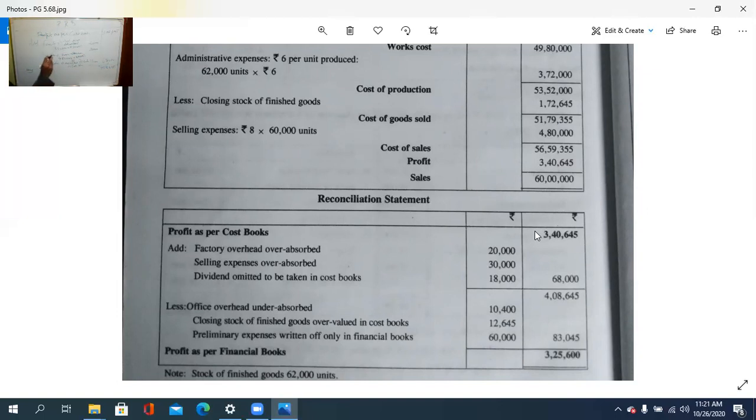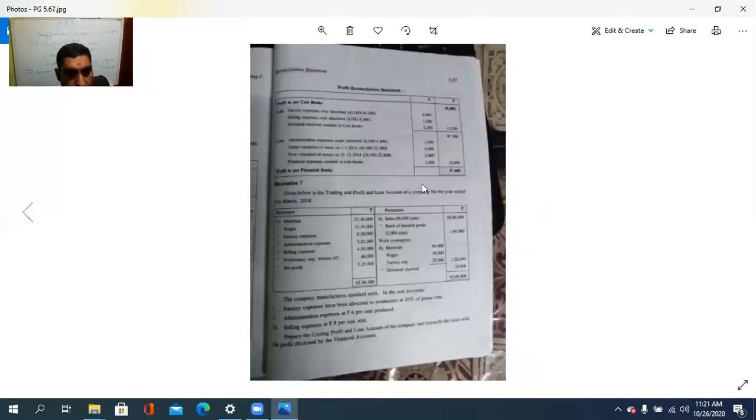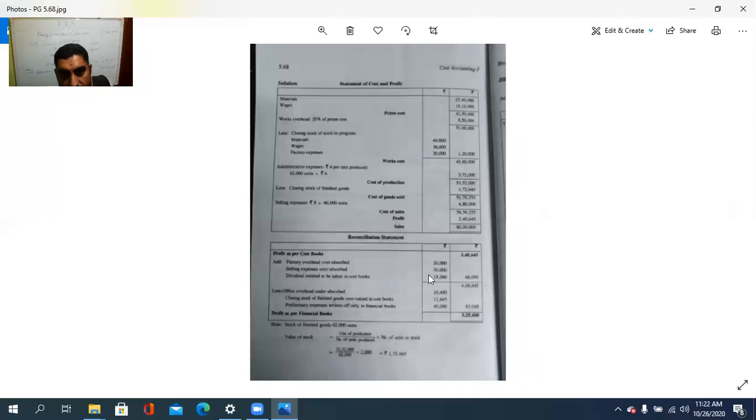Less: factory overhead, selling overhead, administration overhead under absorbed. This is over absorbed. Under absorbed, in the sense that in the cost books it is shown less and in the financial books it is shown more. So how much is it? In the financial books, administration overhead is 3,82,400, isn't it?